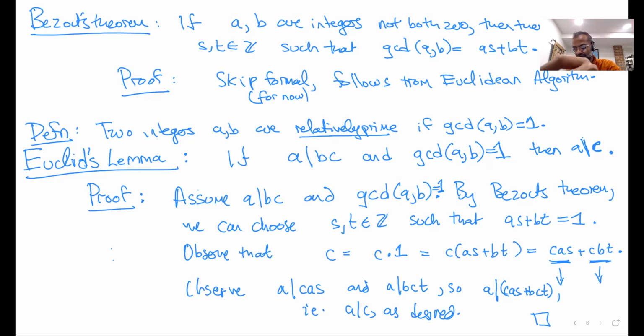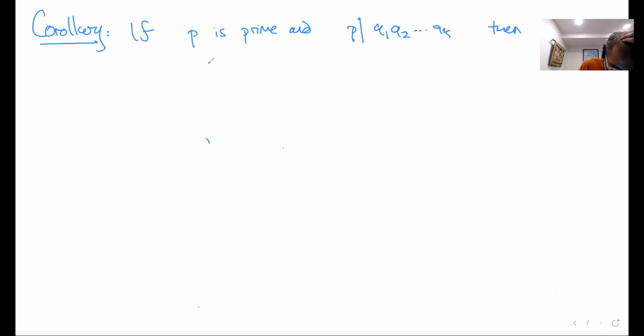Okay, so what's the corollary of Euclid's lemma? A corollary is just a proposition that follows from previous propositions. The corollary is if P is prime, and P divides a product of a bunch of numbers, then P has to divide one of them.